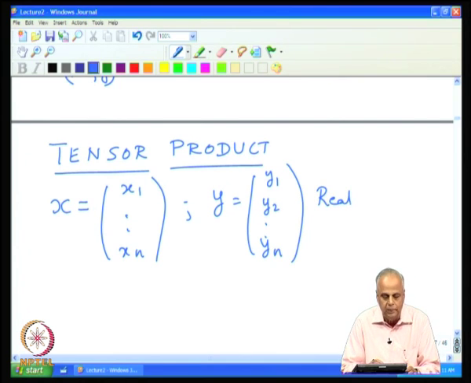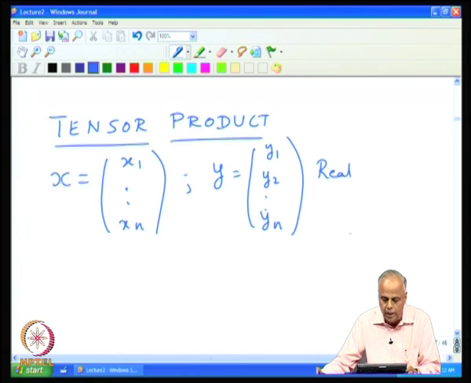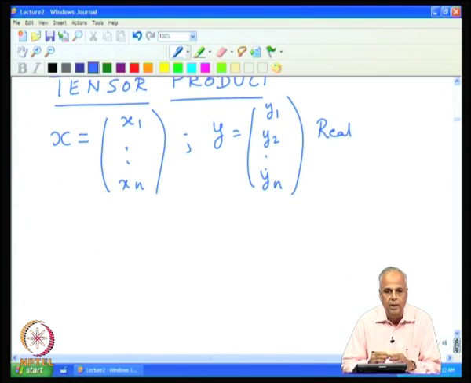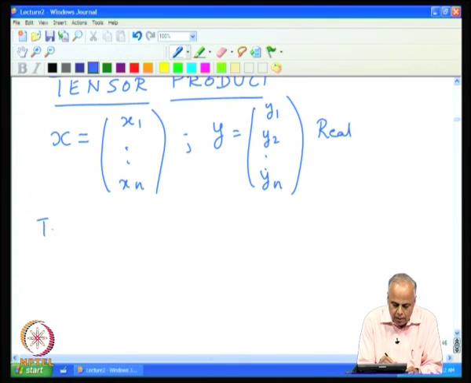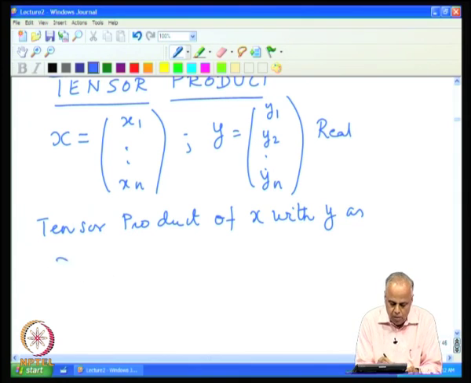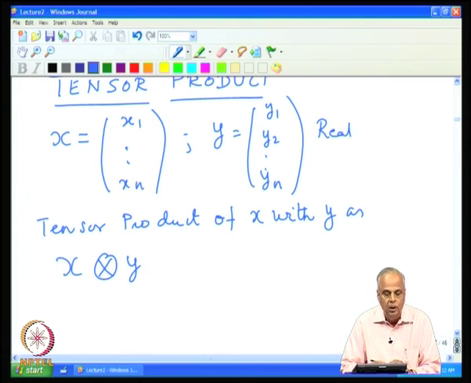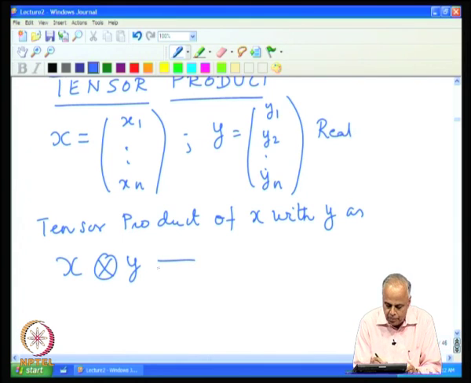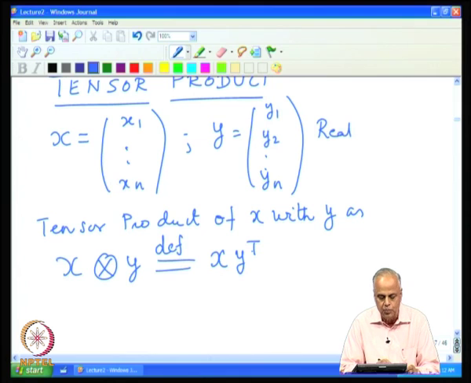So, we take two column matrices x1, x2, up to xn and y1, y2, up to yn, both of them having exactly n entries. Then we define the tensor product of x with y, which we denote by this symbol, a cross enclosed by a circle, the symbol for the tensor product, and we define it to be x y transpose.